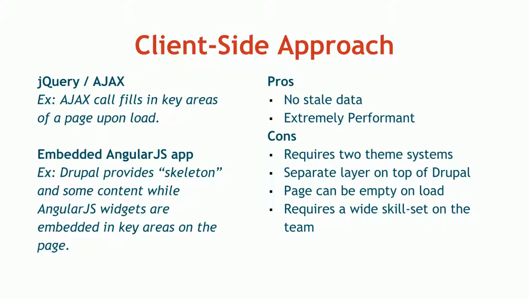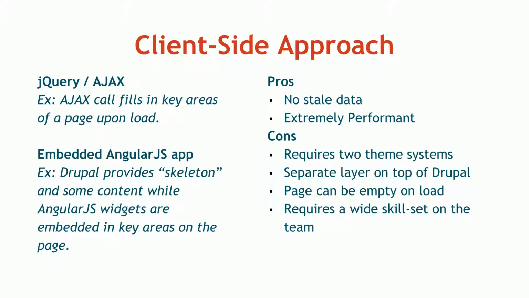But the pros for this are that you're not going to have any stale data, because you're doing all these live calls to the external data source. It's also going to be extremely performant because you're doing non-blocking calls on the client side. But the big cons, and this is the con with using client-side libraries like Angular with Drupal, are that you're going to end up with two theme systems.